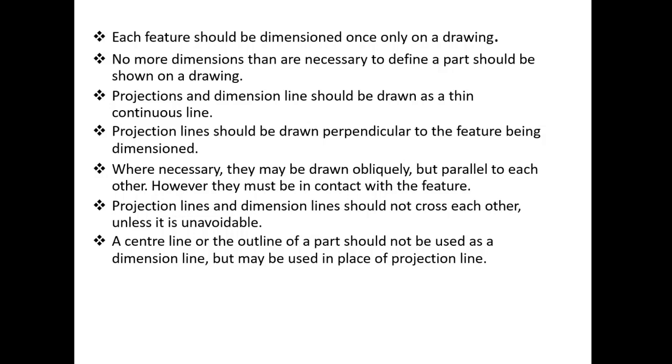It is not necessary to give dimensions to every part of the drawing. Only give the dimensions to the important parts so that the drawing will look sober. The third point is projection and dimension lines should be drawn as thin continuous lines.